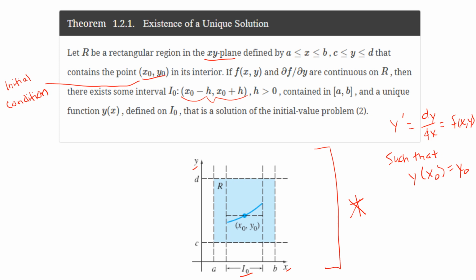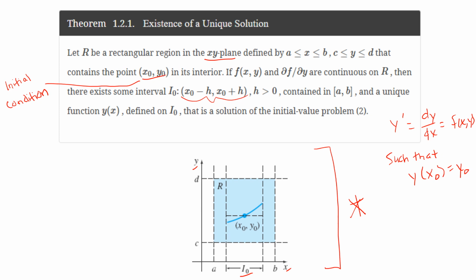Okay, so the existence and uniqueness theorem states that a first order differential equation of the form dy/dx equals f of x, y has a unique solution passing through the point x sub 0, y sub 0 if one, the function f of x, y is continuous in the region R that includes the point x sub 0, y sub 0, and two, the partial derivative, partial f over partial y, is also continuous in that same region.